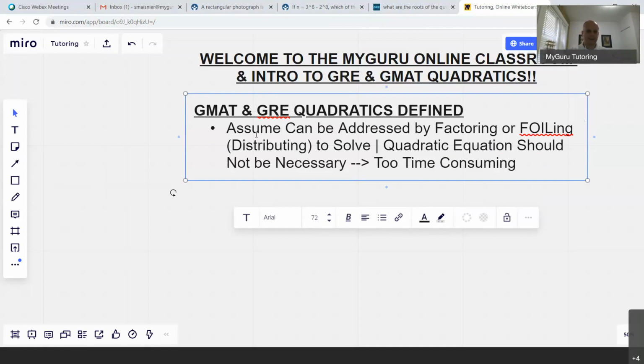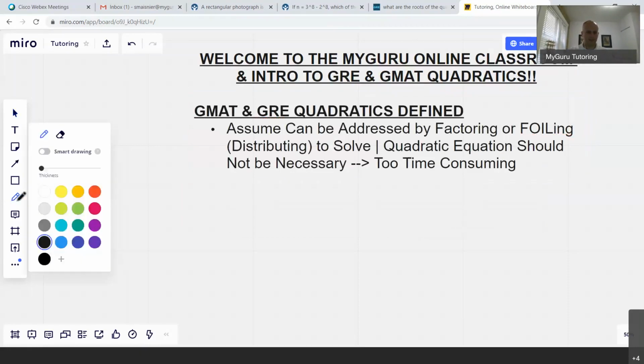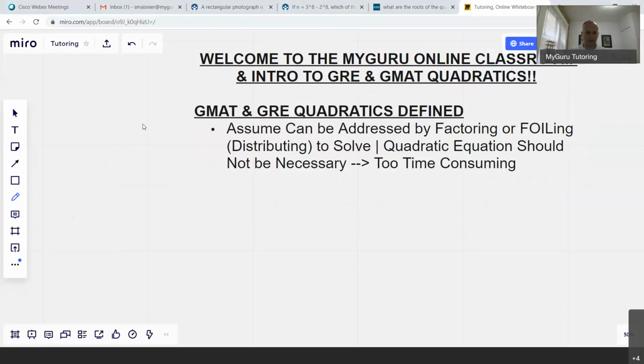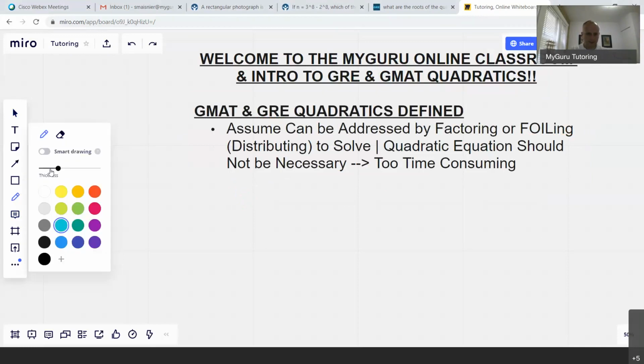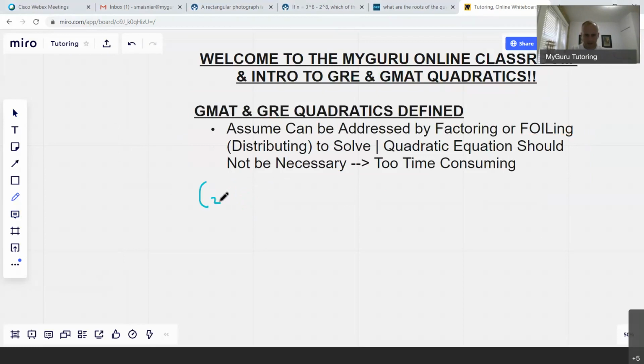So let's just take a sample quadratic equation, for instance. Let's just take a sample quadratic of x plus 7 times x minus 8.